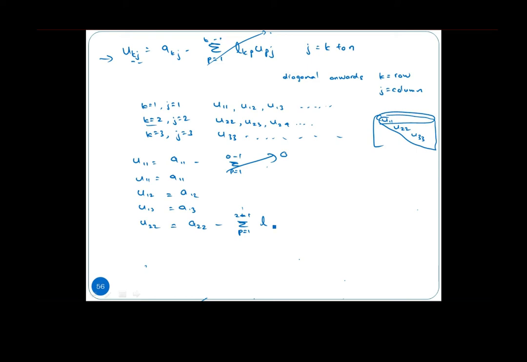So we will have L21 U1J with J as 2. U22 is equivalent to A22 minus L21 U12.